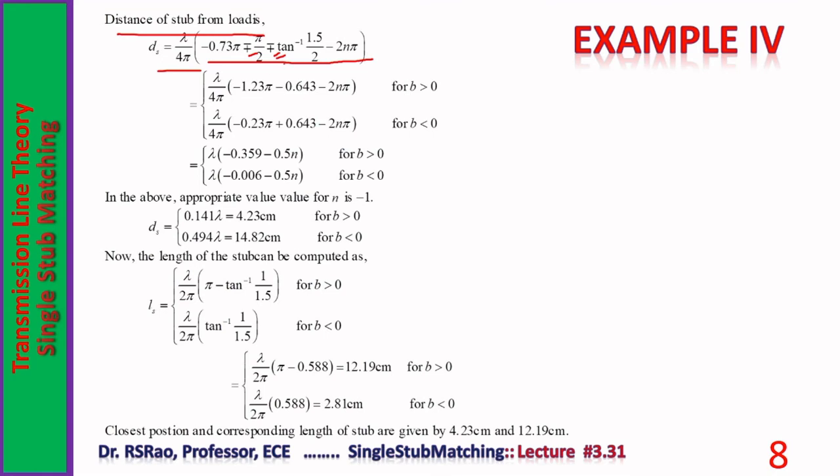Now substitution and a little bit of computation results in one value for ds for B more than 0, and for B less than 0, another expression. Now appropriate integer values are to be selected for n. The appropriate value is minus 1. Here appropriate means something which gives a positive value less than lambda by 2.